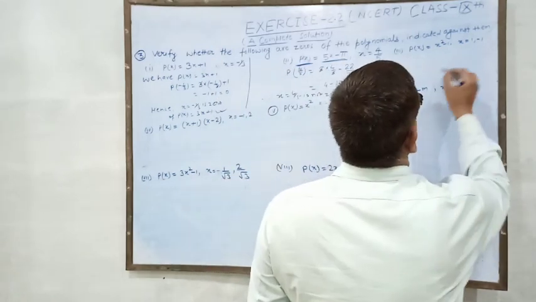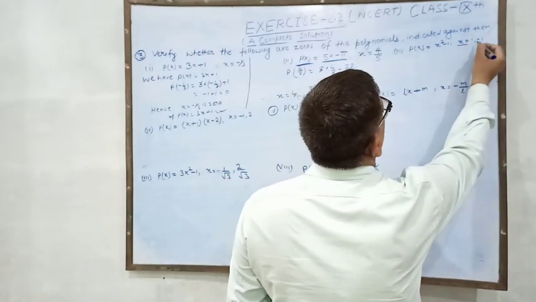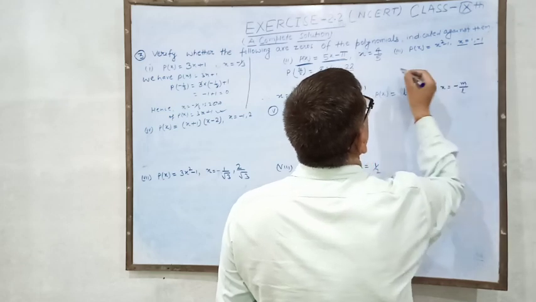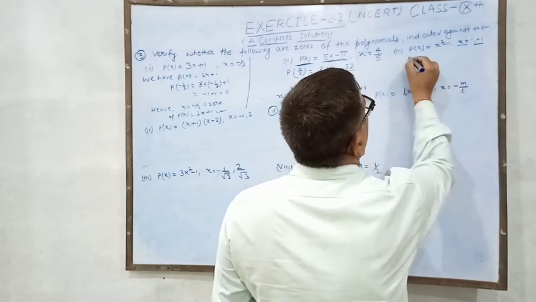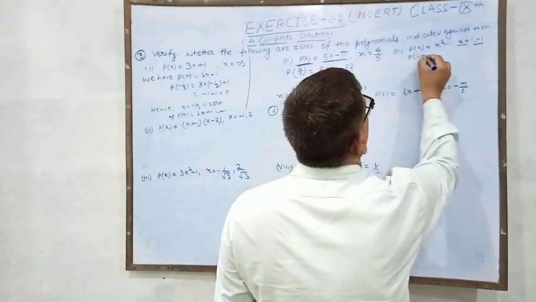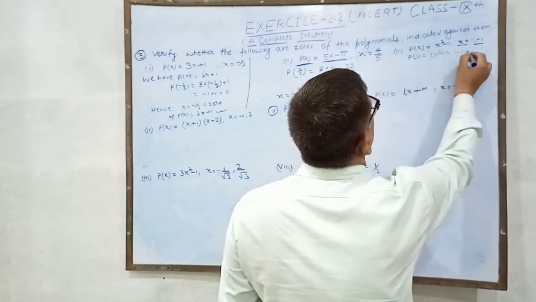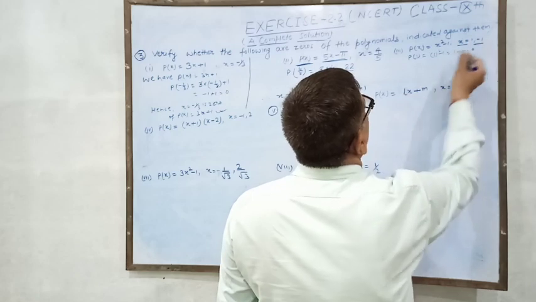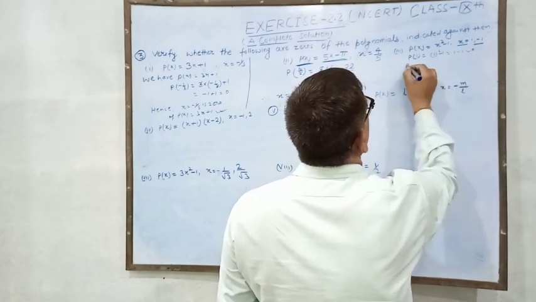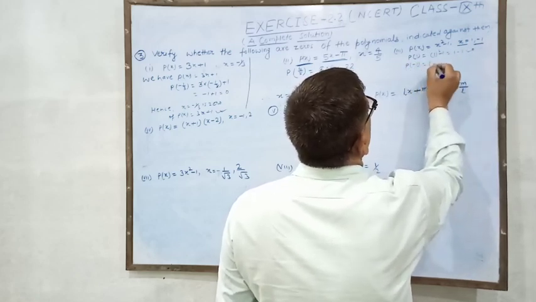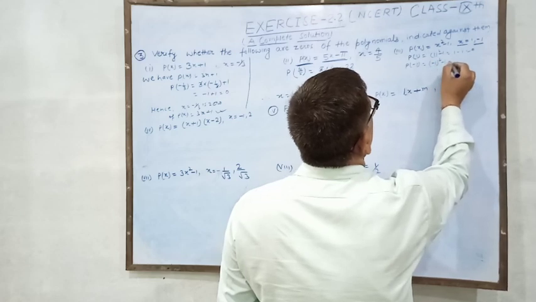Now the third part, where we have two values for x. First we put p(1) equals 1 squared minus 1, that means 1 minus 1 equals 0. And for the second, p(−1), so (−1) squared is also 1.